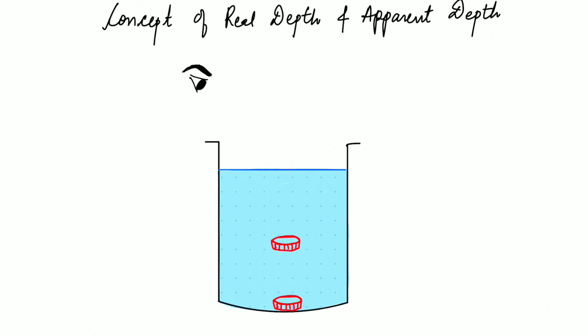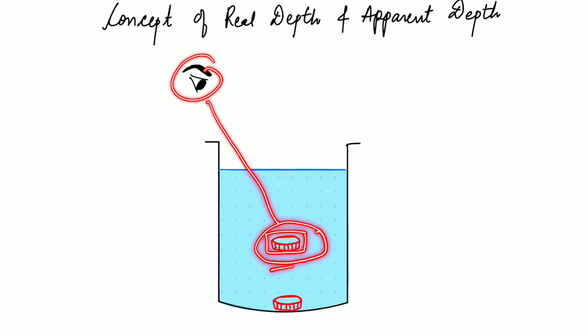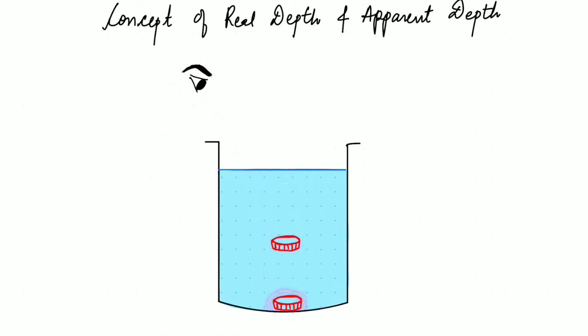This coin, which in reality is placed at the bottom of the tank, you will see raised by some height. You will see the image is somewhere here. From your eyes, the coin which you intentionally kept at the bottom is actually now here, right? So there is this irregularity.